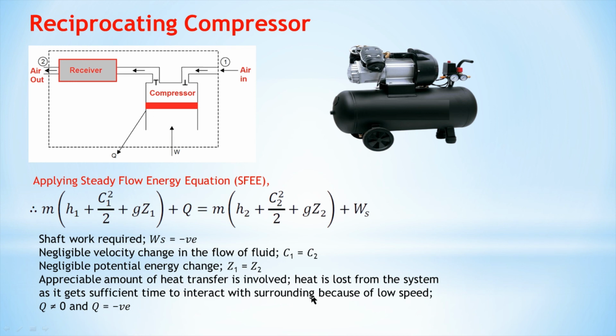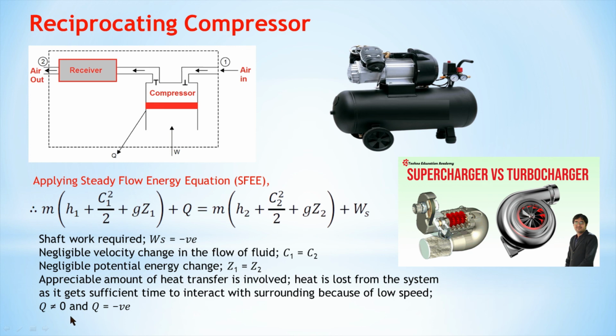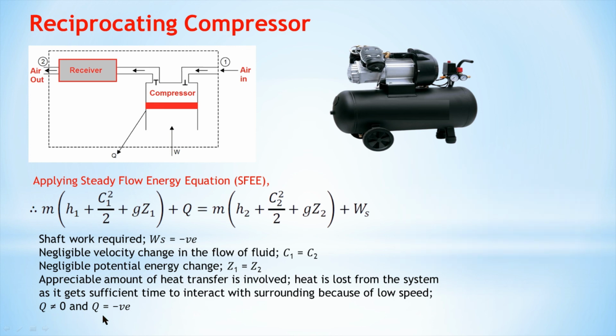Heat is lost from the system as it gets sufficient time to interact with the surroundings because of low speed. So we cannot consider Q equal to 0. Q is negative because the system rejects heat. In the case of a boiler, heat is supplied, so we consider a positive sign; when the system rejects heat, we consider a negative sign.